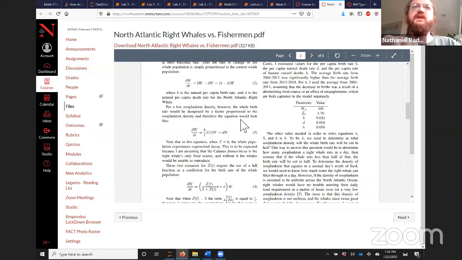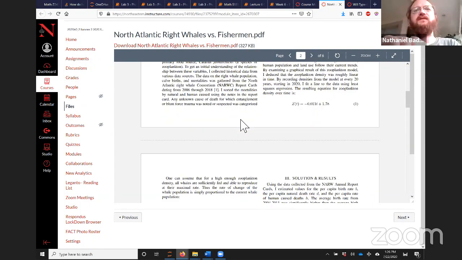So she's looking at whaling and fishing, and in particular, whales getting caught in fishing lines. But what she uses this model for is to evaluate different scenarios.